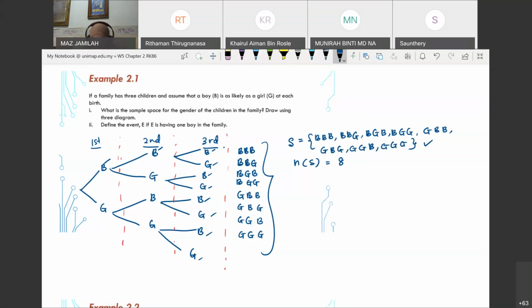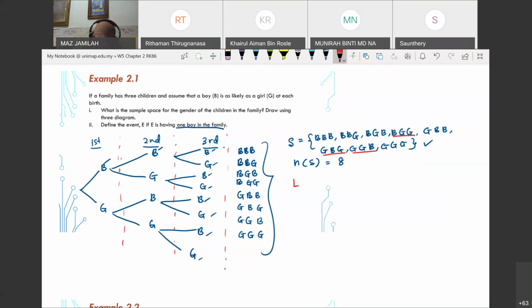Now, define the event E if E is having one boy in the family. Having said that this will be your outcome, the event E defined for you is one boy in the family. So look for all the outcomes that you have and look for one boy appearing in the family. So one boy only: this will be the first one, this will be the second one, and this will be the third one.